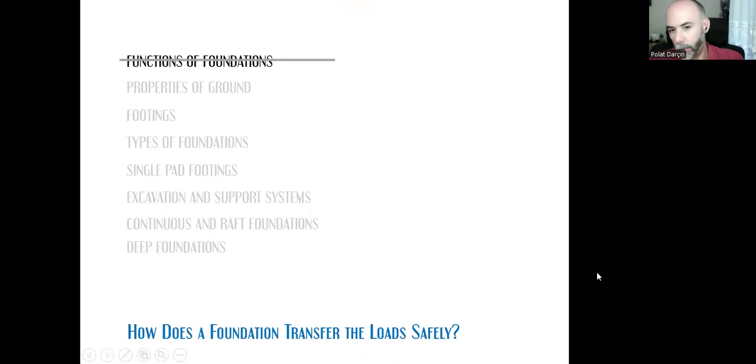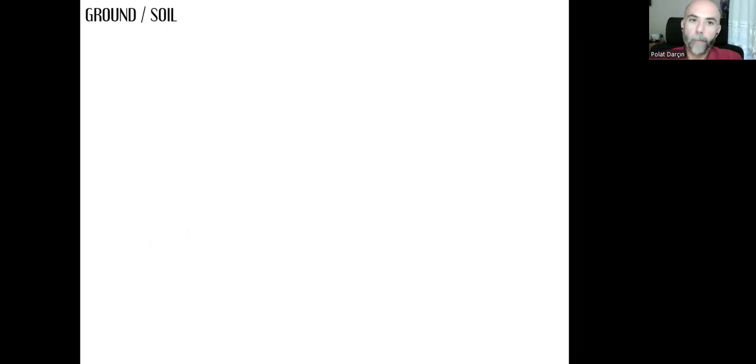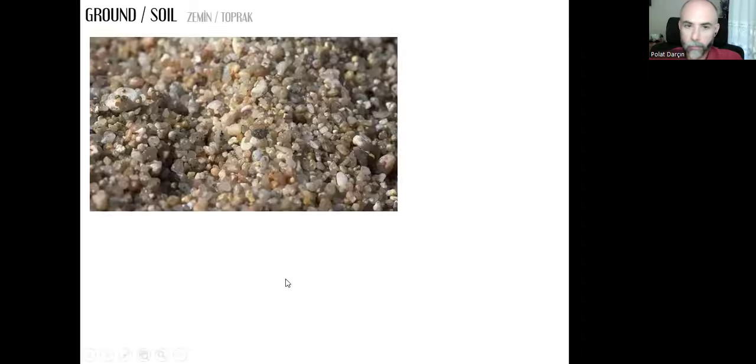How does a foundation transfer the load safely? We need to take a look at the properties of the ground and we need to learn the concept of footings. Ground or soil, it's zemin, toprak in Turkish.